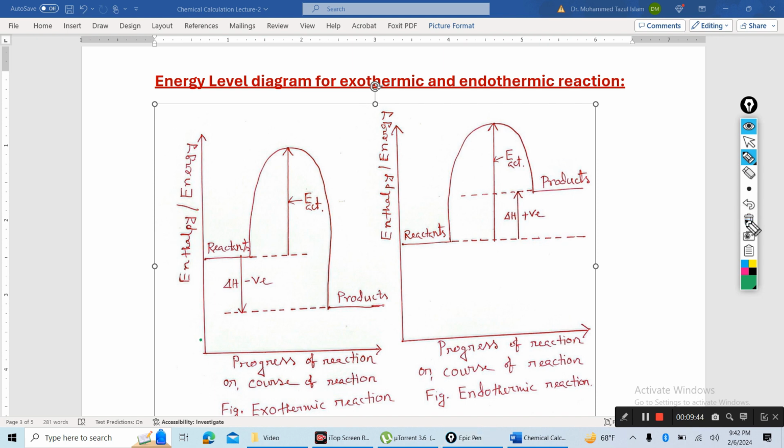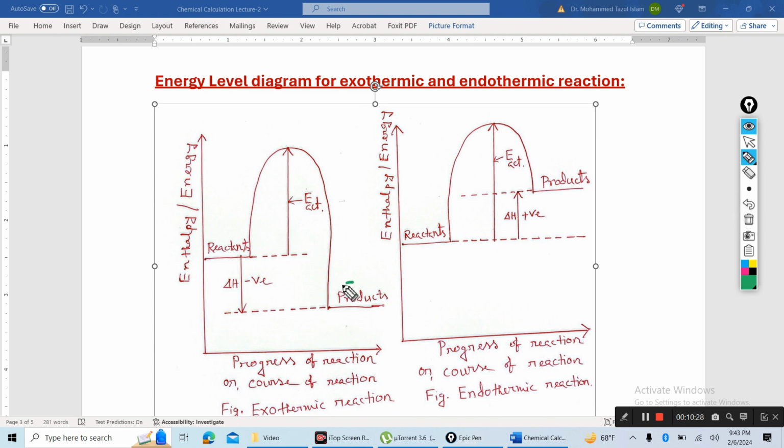Now here enthalpy value 1, 2, 3, 4 increases, and the reaction is going on, progress of reaction. First, this is reactant. Reactant surmounts this barrier and goes to the product. Left hand side is reactant, right hand side is product. And you see here product has less energy, reactant has more energy.